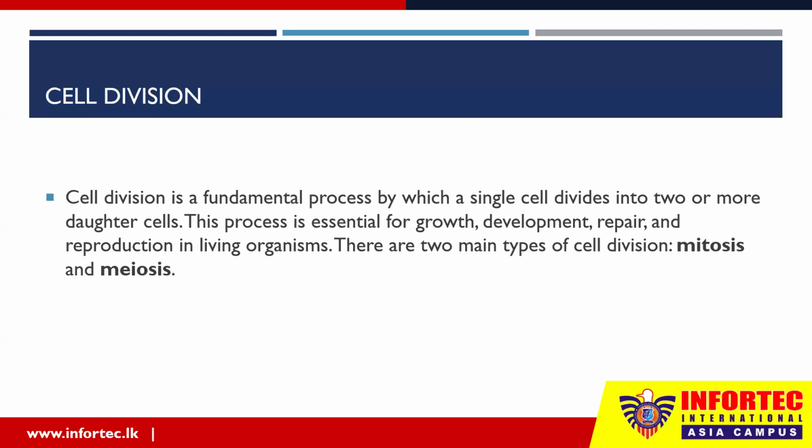During mitosis, the mother cell divides into two identical daughter cells. In meiosis, at the end of the process, it creates four daughter cells, but those are not identical to each other. You will understand the differences between mitosis and meiosis while we discuss it later.